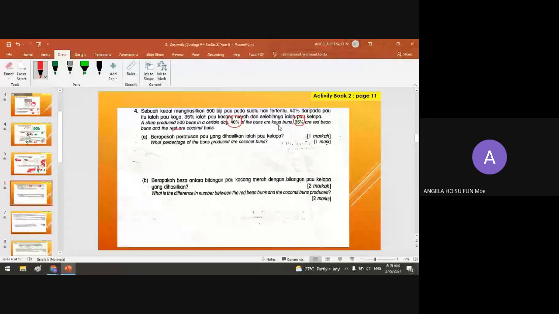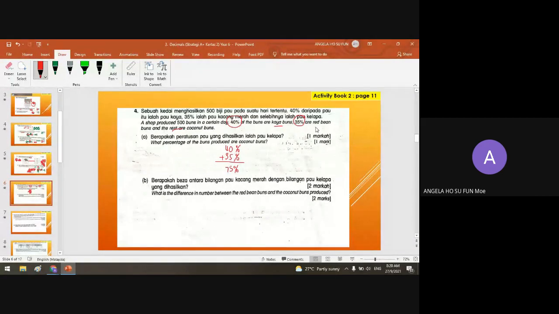I want to know how many percent of kaya and red bean buns that produced by the shop. So what I do is 40% plus 35%. Total of this kaya bun and red bean buns. Okay, so altogether 75%. 75% is kaya and red bean.